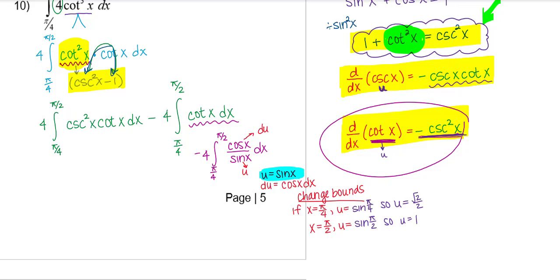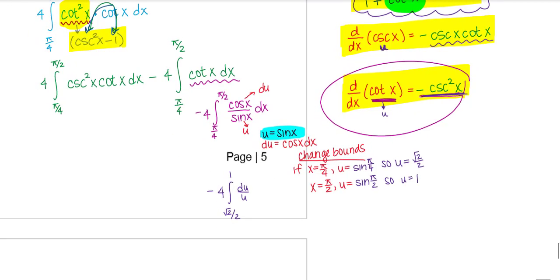Okay, so I will write this antiderivative since we were working with the second one here. So this is du over u. It will become natural log. Let me put my u bounds on here, root 2 over 2 to 1. So if I finish this one off, I get negative 4 natural log of u. You don't really need the absolute value bar in this case because you know both your bounds are positive, but that's okay.